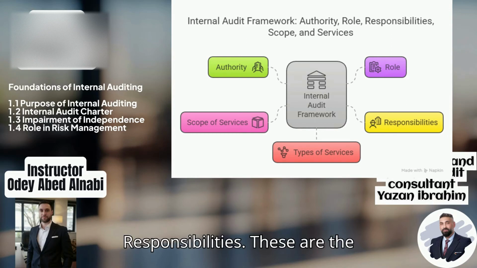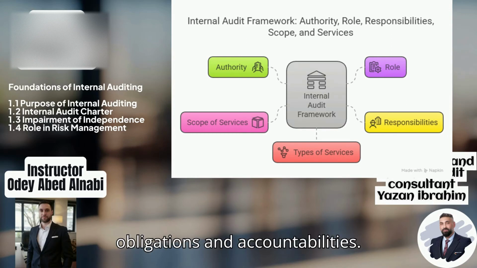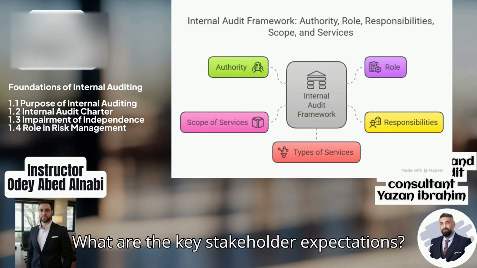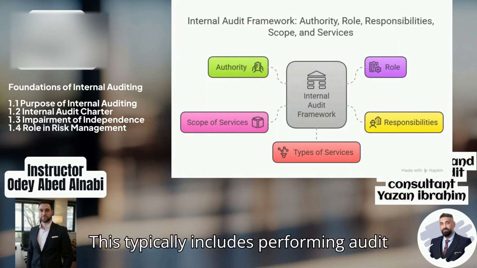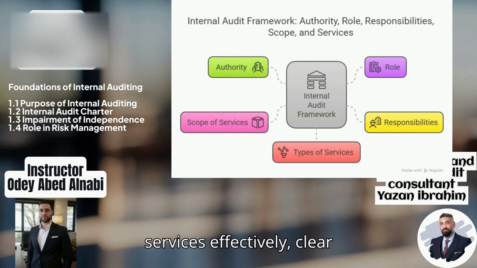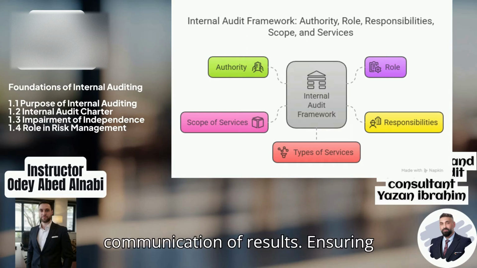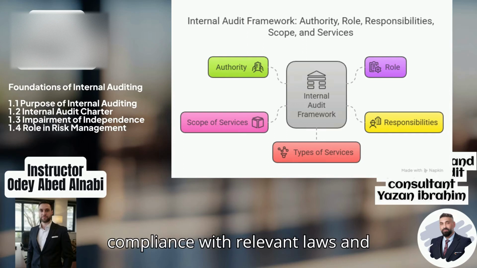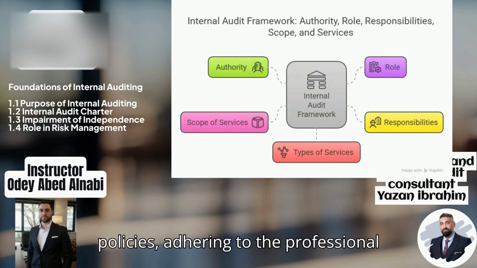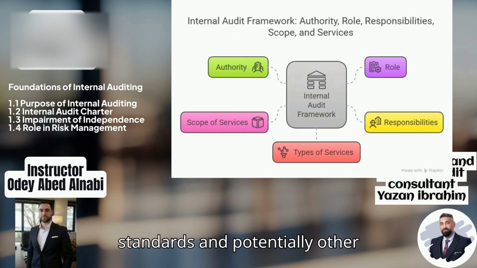Responsibilities. These are the obligations and accountabilities. What are the key stakeholder expectations? This typically includes performing audit services effectively, clear communication of results, ensuring compliance with relevant laws and policies, adhering to the professional standards, and potentially other specific activities agreed upon.